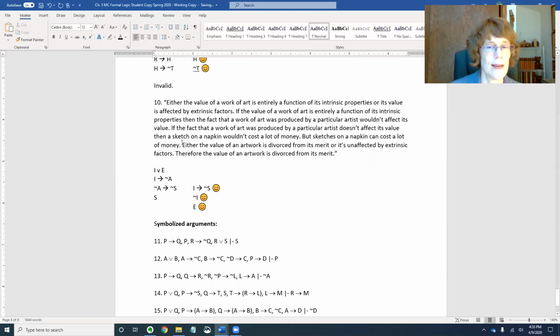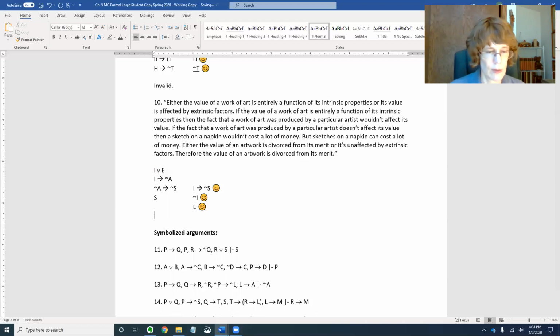Okay, next claim. Either the value of an artwork is divorced from its merit, or it's unaffected by extrinsic factors. So E is that it is affected by extrinsic factors.